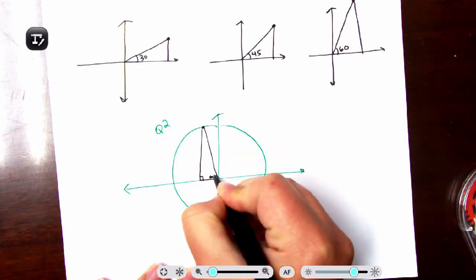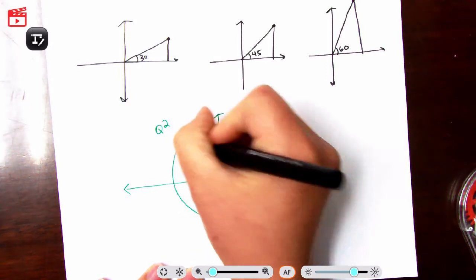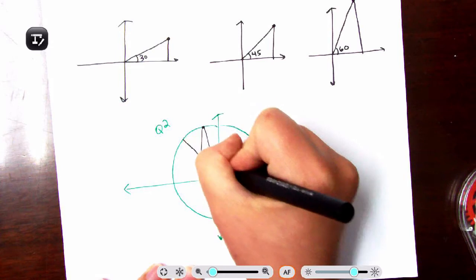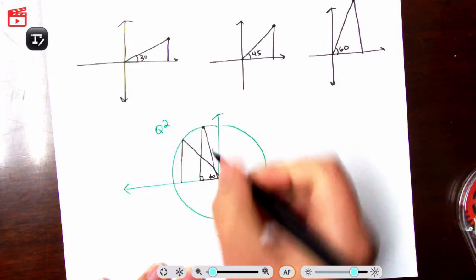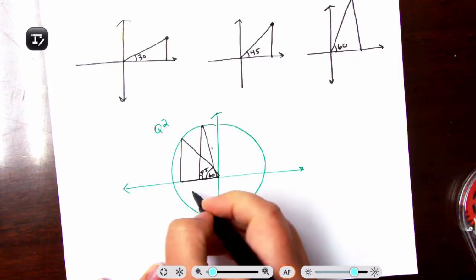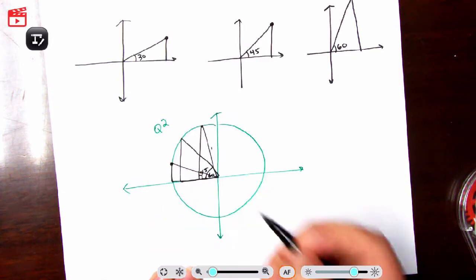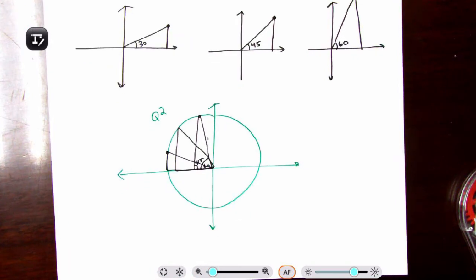So here's 60 degrees, here's my 1, and here you have 60 degrees. What about our 45 triangle? Here's your 45-degree angle. And here's your 30-degree angle. And you can draw it there. Now what's great is you can keep doing that to all of your quadrants.